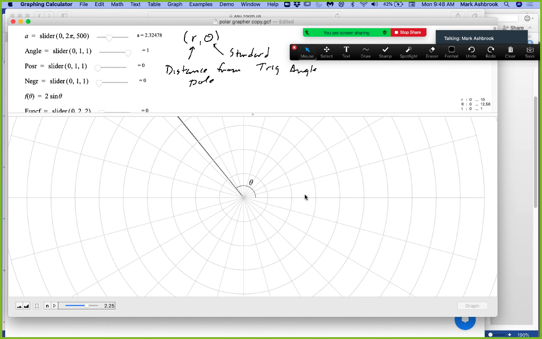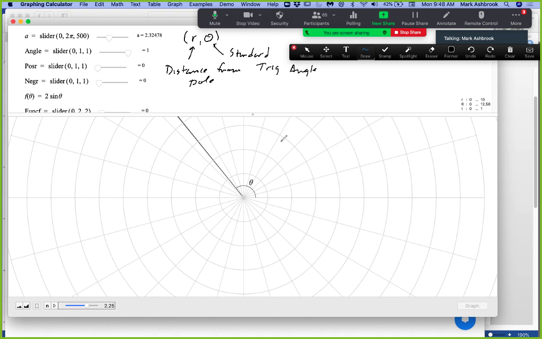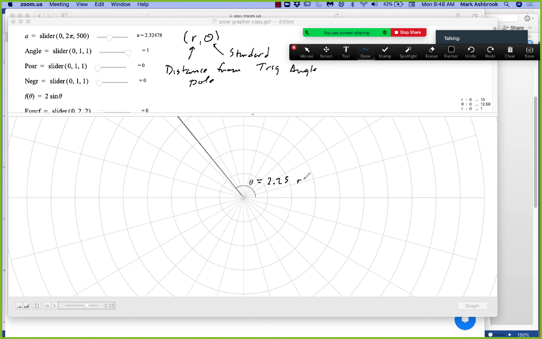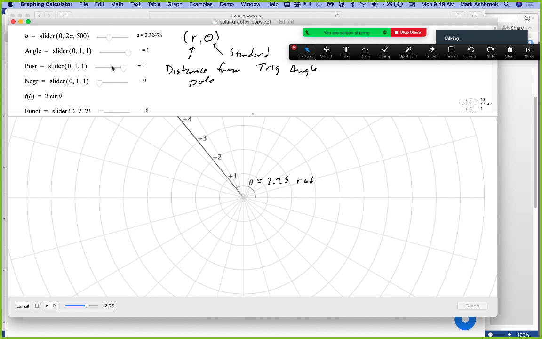So the initial side of the angle is the positive x-axis. The terminal side of the angle is here, and this is the angle measure 2.25 radians. And once we've established that 2.25 radians, then from there, along that trajectory on the terminal side, we have values of r. So now this is the distance from the pole, r, in the direction of 2.25 radians.